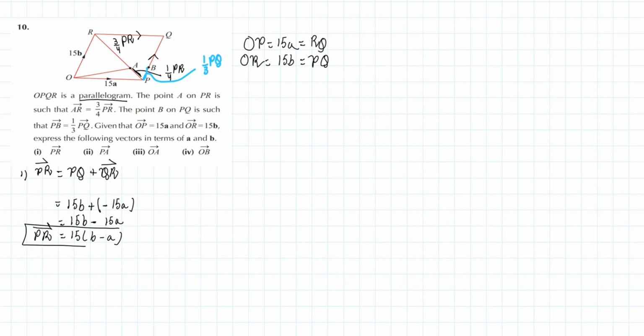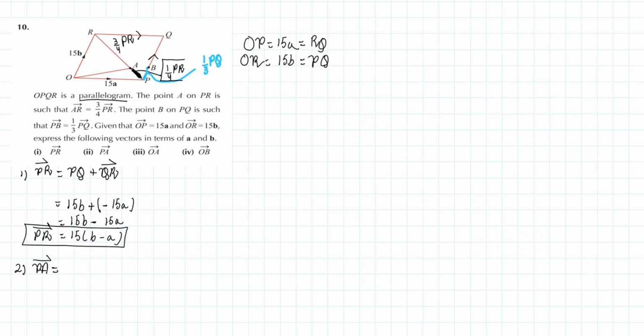Now you have to find the next part, that is PA. For PA, this is the line, so you have to move from P to A. You are moving in the same direction, so P to A is basically 1 upon 4 PR.